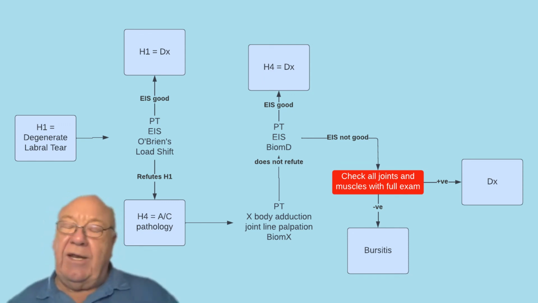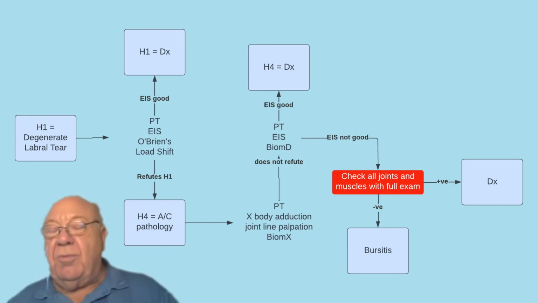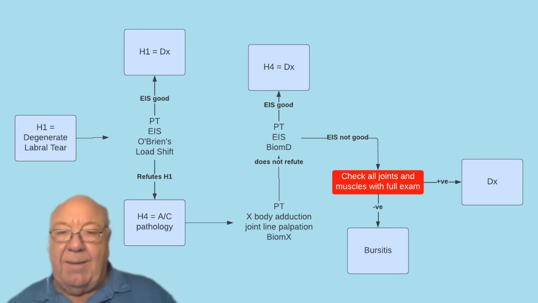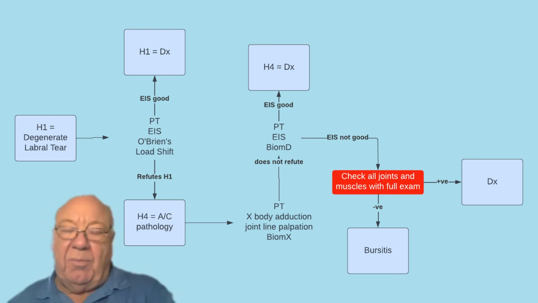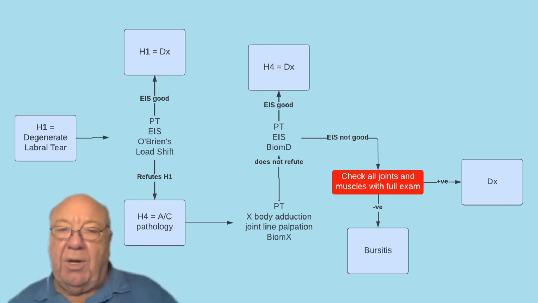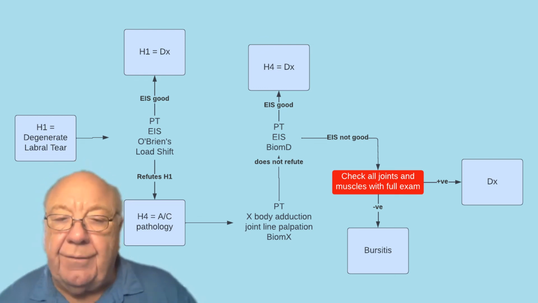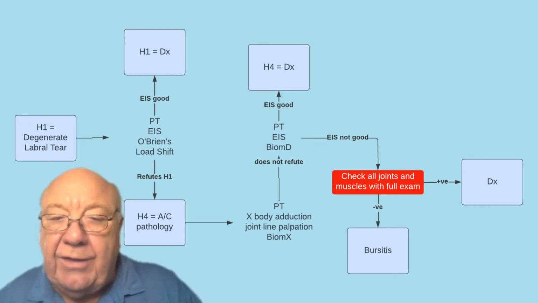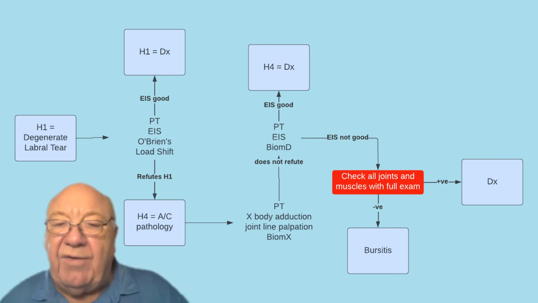If the biomechanical exam is negative, it doesn't mean to say that there isn't a joint problem there. This could be a minor arthritis, could be a number of things, a meniscus tear in there. Well, it's all rubble anyway, but you may have a problem with the rubble. But we do know it's not biomechanical dysfunction. So if the EIS is good enough, then we have our diagnosis.